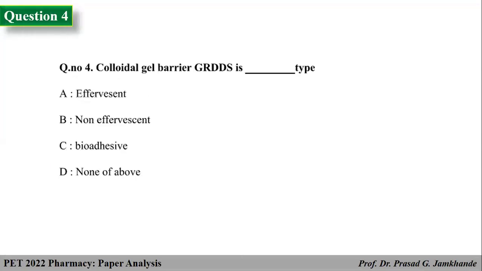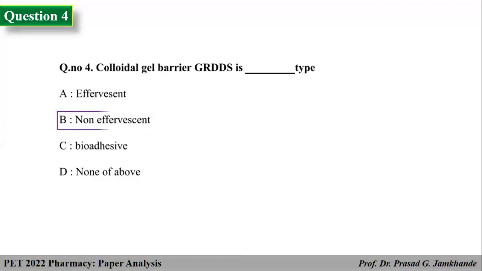Colloidal gel barrier GRDDS is which type? GRDDS is nothing but the gastro-retentive drug delivery system. And in this gastro-retentive drug delivery system, the colloidal gel barrier GRDDS is non-effervescent type. The effervescent type system contains gas forming agents or volatile liquids, because of which floating occurs.